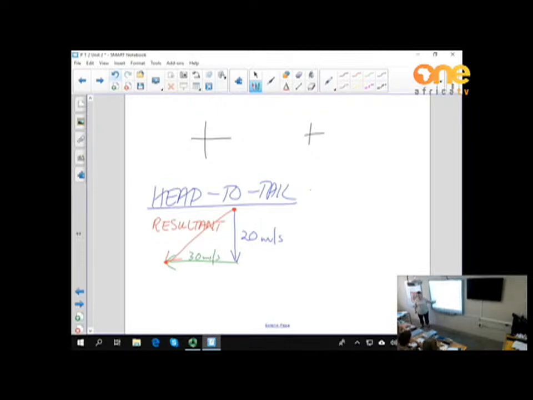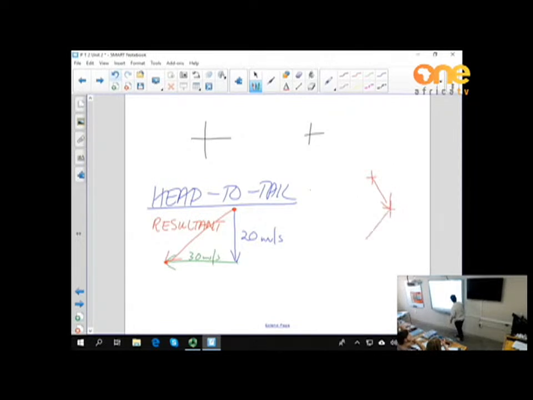You follow? Okay, can you see we've added the vectors head to tail. The answer is the resultant, and the resultant always goes from the beginning of the first to the tip of the last. If I had 5 different vectors that I wanted to add head to tail, I would draw my little axis, there goes my first vector.